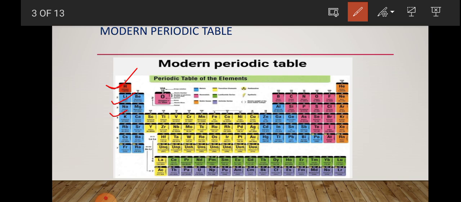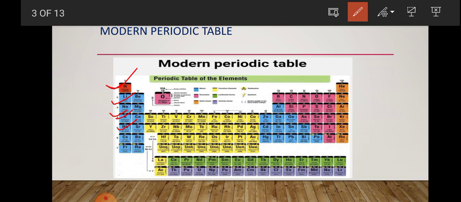The second and third periods both contain only 8 elements, and that's why they are called short periods. Periods 4 and 5 both contain 18 elements and they are called long periods.